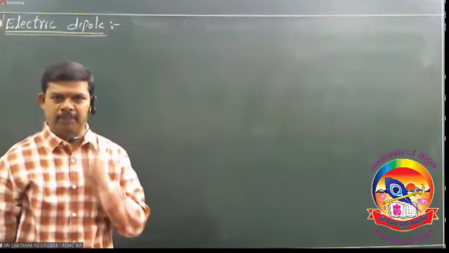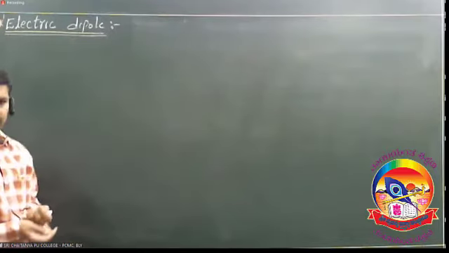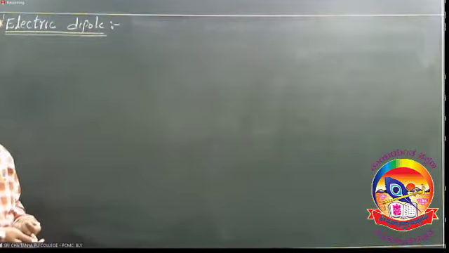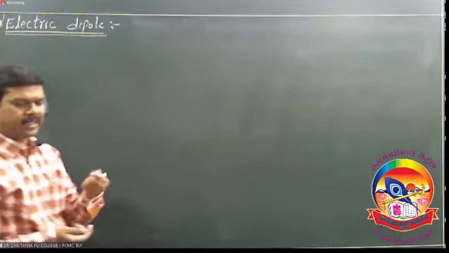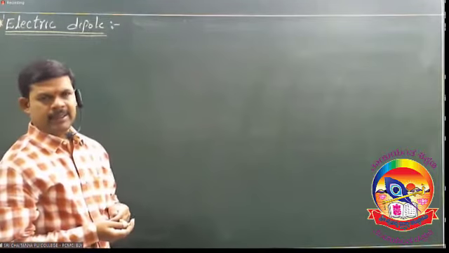You will get an essay question in PU, right? Due to an electric dipole, what is the intensity of electric field on its axial line or on its equatorial line?